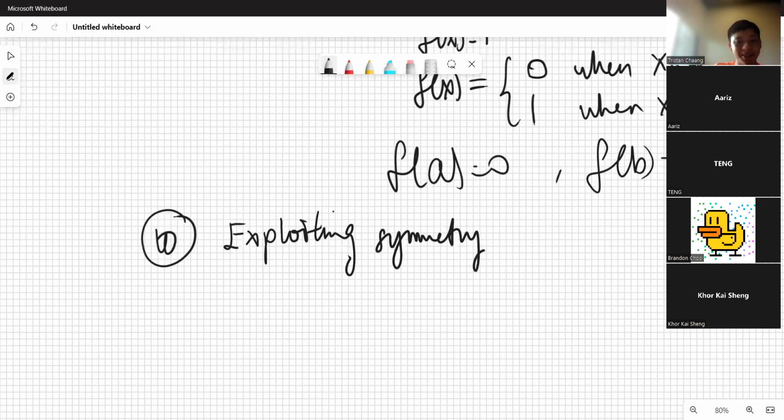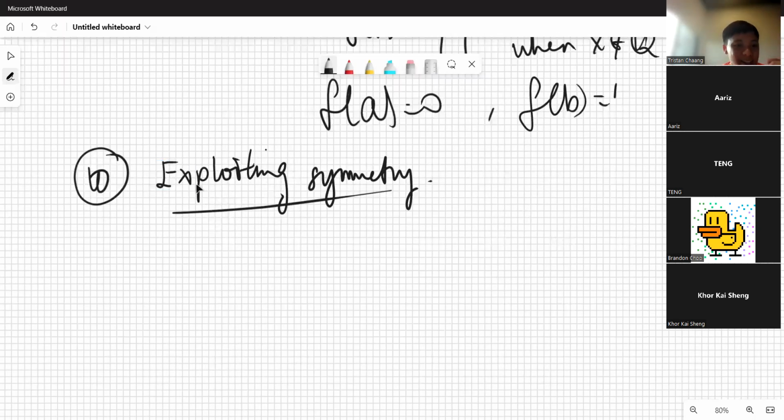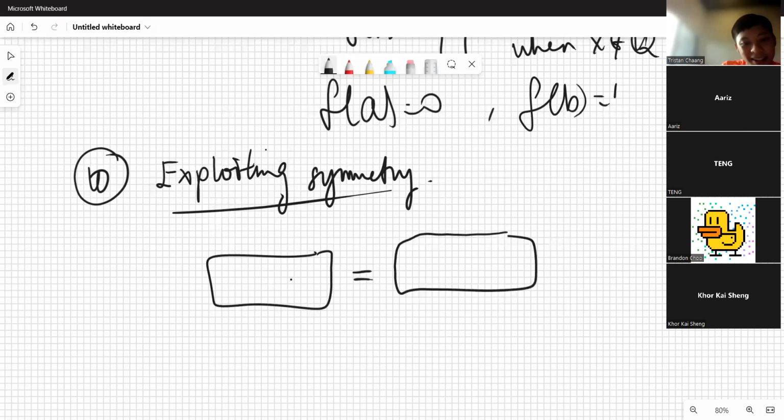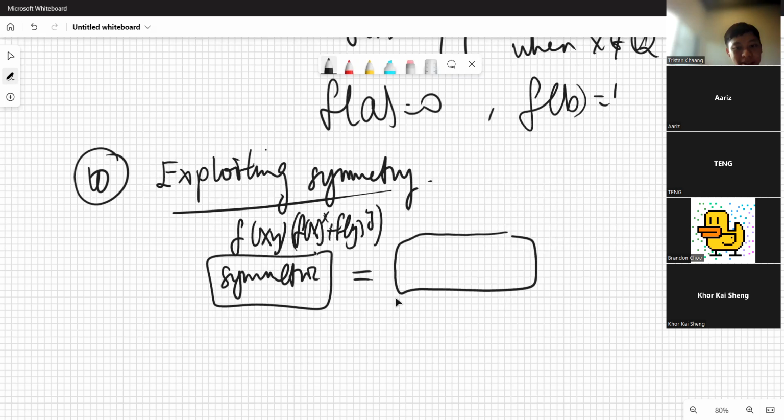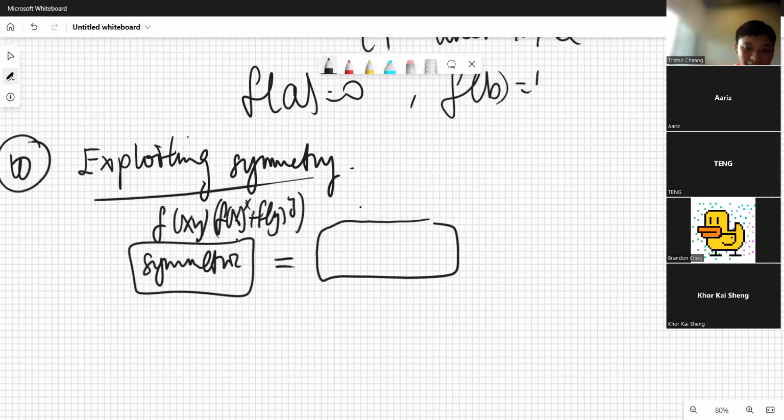So exploiting symmetry. Let's say you have an equation, and on the left-hand side of the equation, it is symmetric. Let's say f(xy), f(x)^x + f(y)^y. Very symmetric function. And on the right-hand side, you have, let's say, some not symmetric function. Let's say f(x - y) + y.